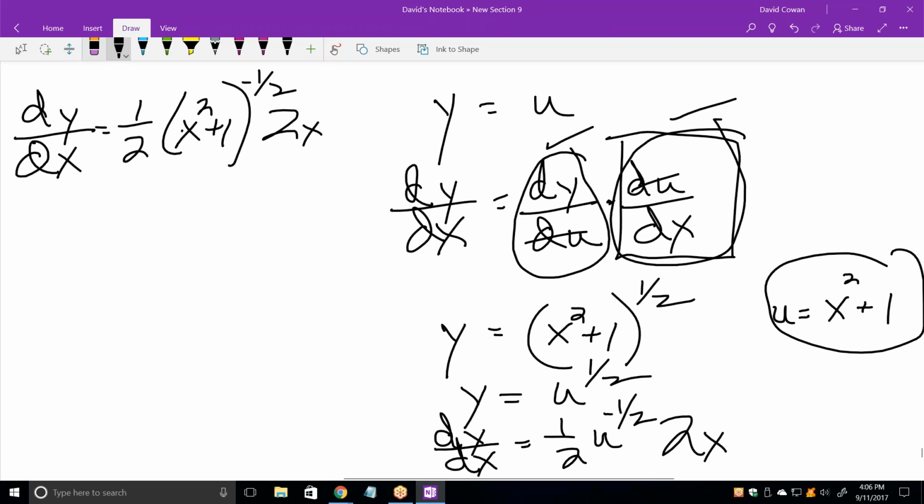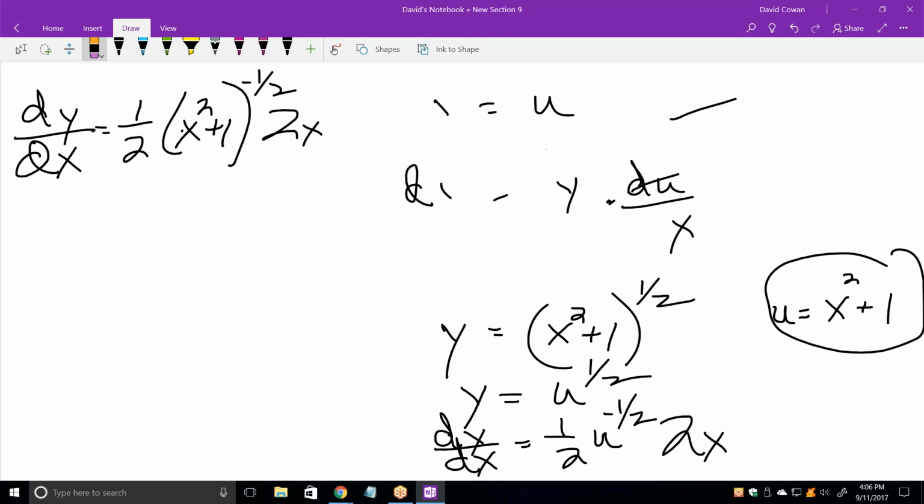If we look at this a slightly different way, this is the way they teach you, but you don't really need to know this. All you need to do is follow the simple rule, the derivative of the outside times the derivative of the inside.